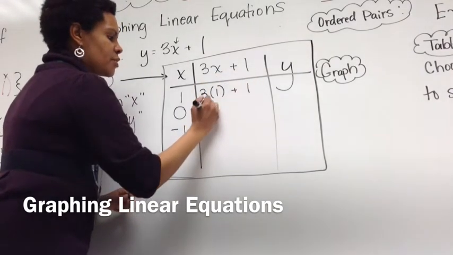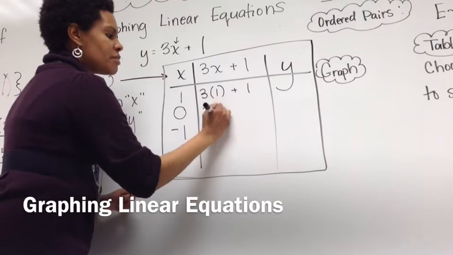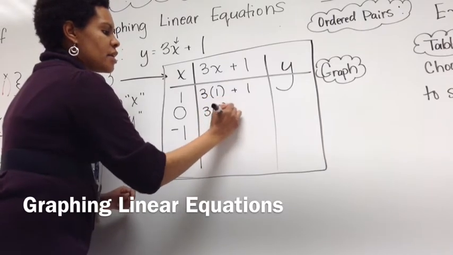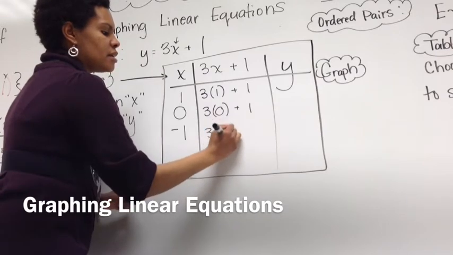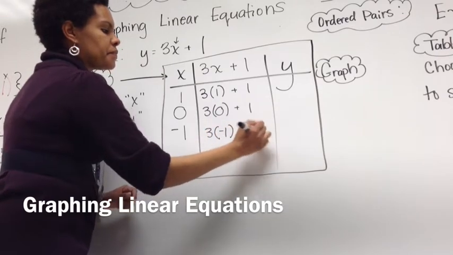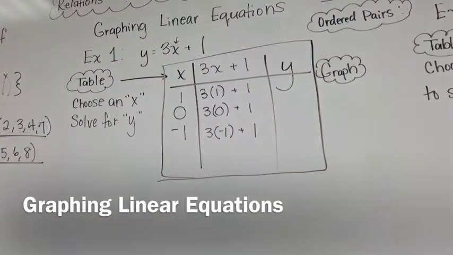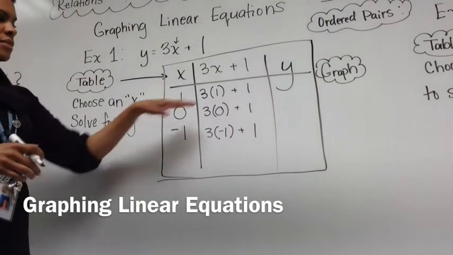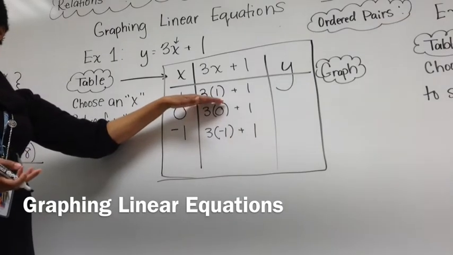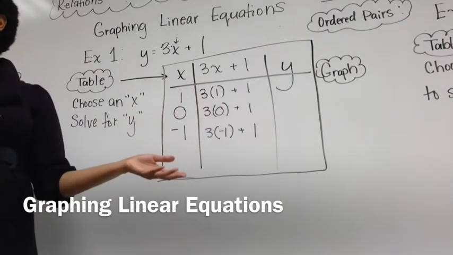I'm just going to write down our 3 equations. The next time I solve it, I'm going to plug in a 0. The last time I solve it, I'm going to plug in a -1. And then we're going to use order of operations. It's easy from here, guys.